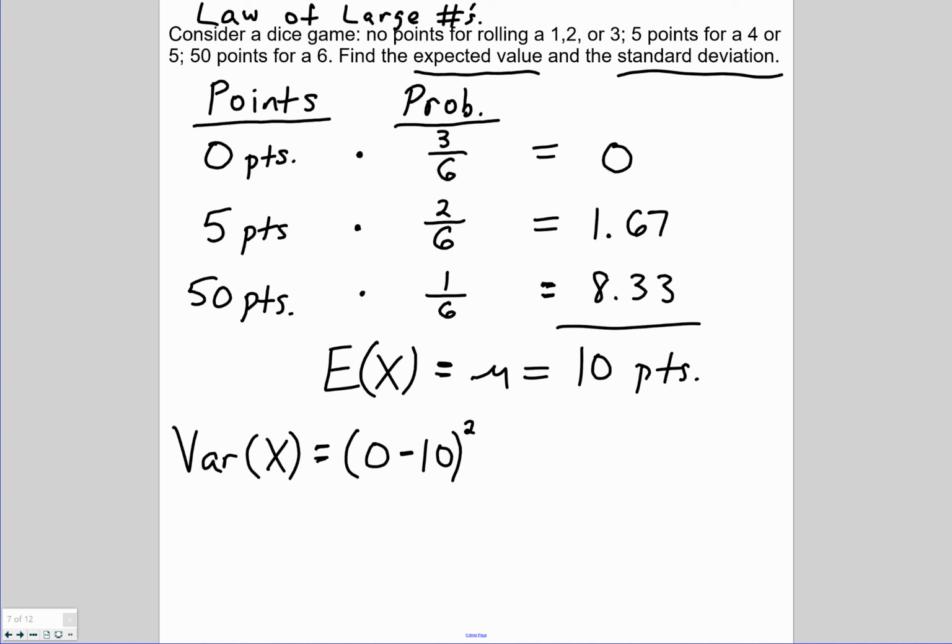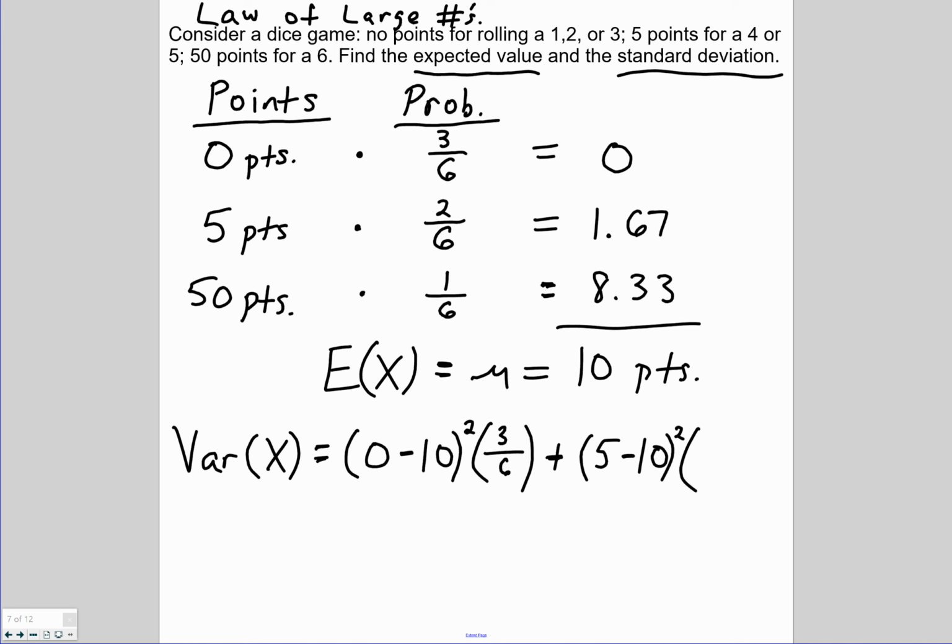And we have a probability. This is a probability model. So I need to multiply that times the likelihood I get 0. And how often am I going to get 0? 3 out of 6 times. Everybody good so far on where all those numbers came from? Plus. Let's do it for the next one. The next one says you could get 5 points. Minus, what's the expected value? 10. What do I have to do with that deviation?